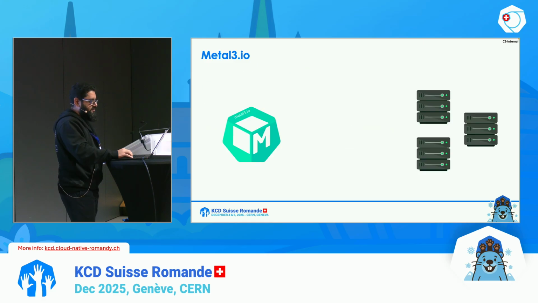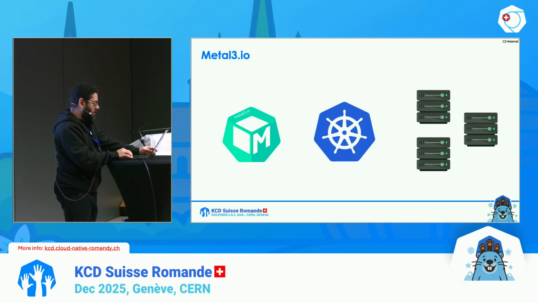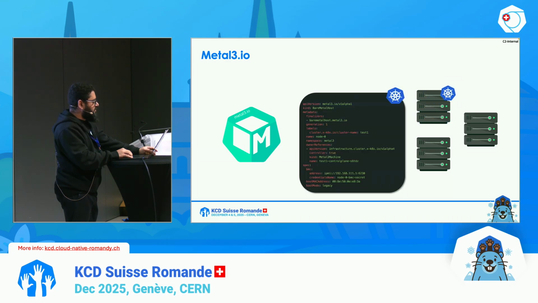So the clear concept, or the very easy concept, would be that you have a bunch of bare metal servers, and then you want to deploy a Kubernetes cluster on top of that. How you do that is you represent your bare metal host or bare metal server in Kubernetes using this YAML. There are a few pieces of information that you must give. For example, the baseboard management controller, BMC, address and credentials, and also the boot MAC address, which is a requirement.